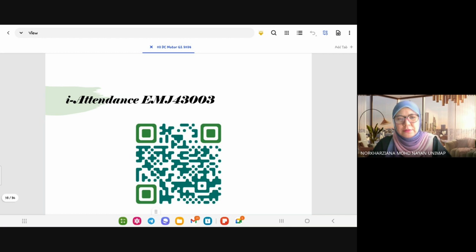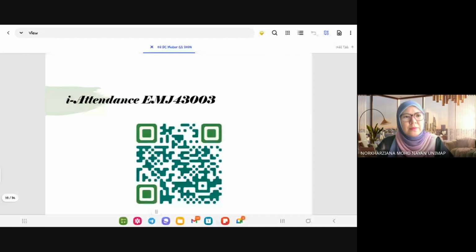Yang empat lebih daripada yang hadir hari ni.